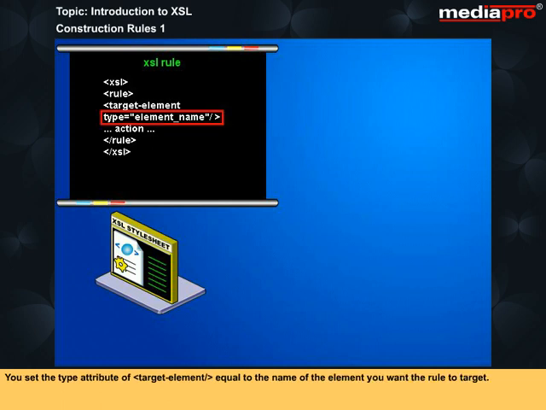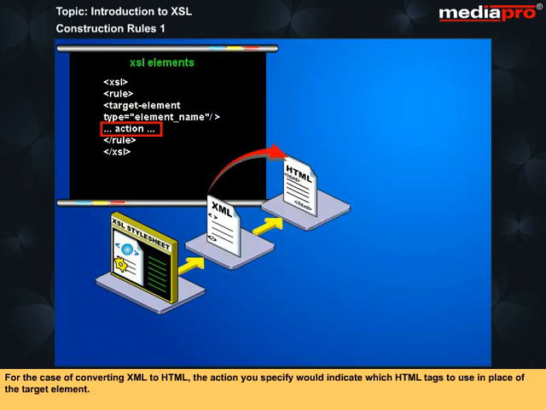You set the type attribute of the target element equal to the name of the element you want the rule to target. For the case of converting XML to HTML, the action you specify would indicate which HTML tags to use in place of the target element.